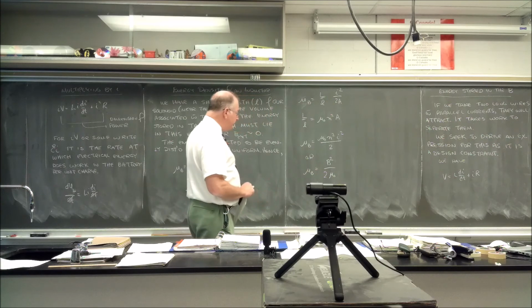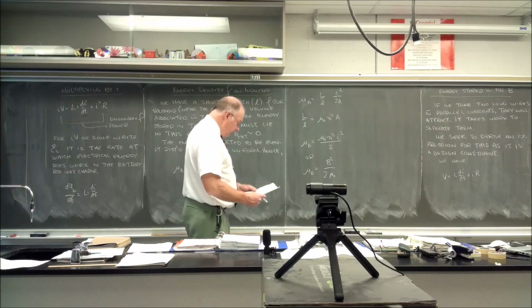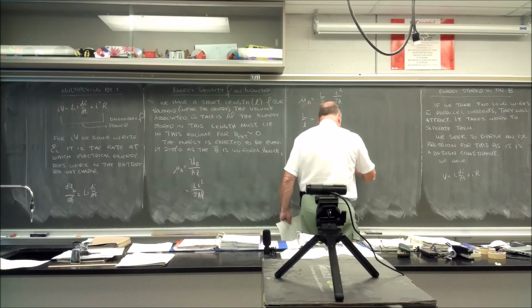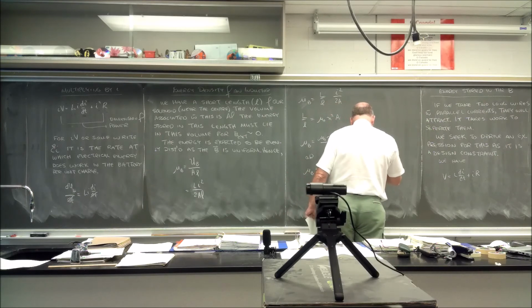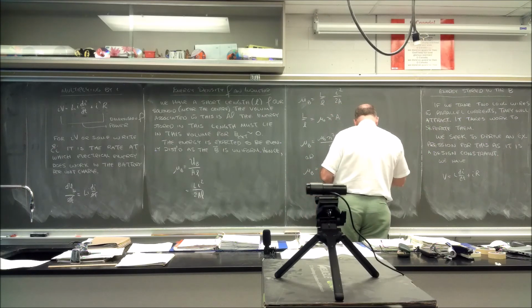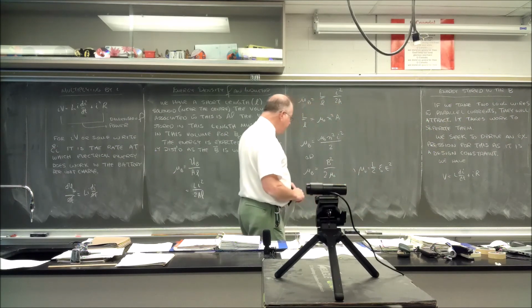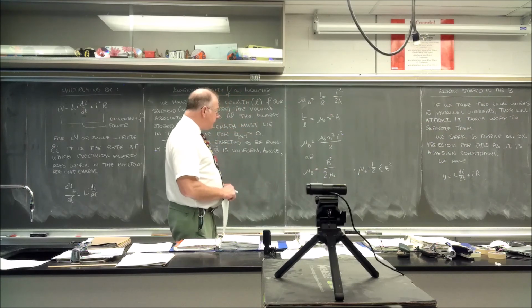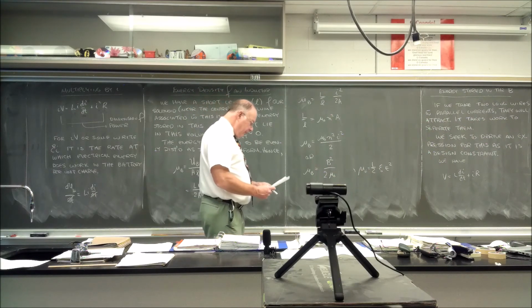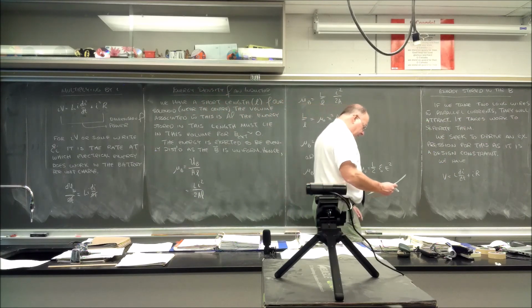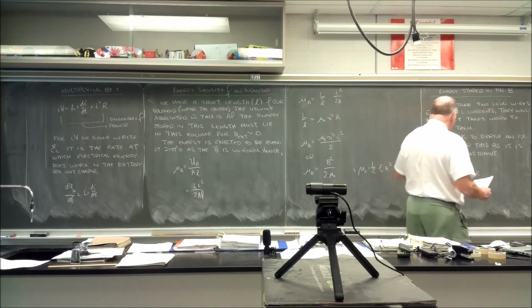Also can happen. And recall we had mu E equals 1/2 epsilon naught times the electric field squared. So what we're noticing is a little difference between these two, but that's okay. Finally, we have mutual induction.